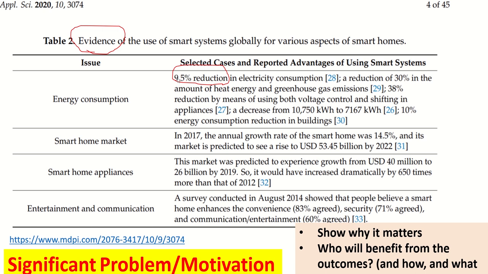So you can see the rate of reduction can be 9.5%, or in some texts can be 30 or 38, 40, 10%. Depends on that specific approach in those articles. So you can find details of this example here in this research project.